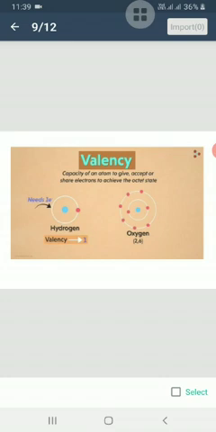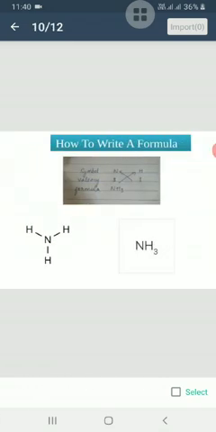How to write the formula? The symbols of the elements or groups it is made up of, and the valency of the elements and groups it is made up of, should be kept in mind. Only after that are we able to write the formula. We have to follow the steps: write the symbols of the elements side by side.